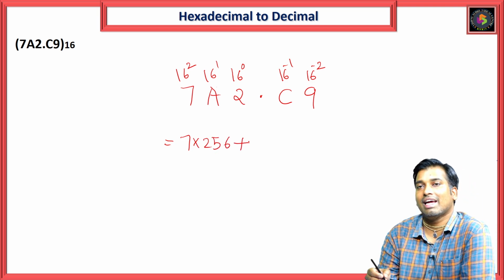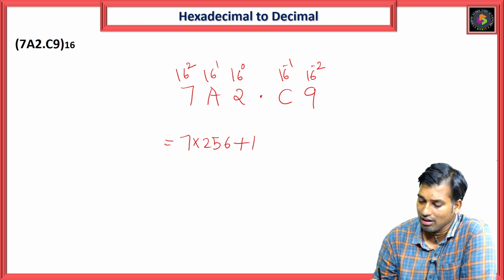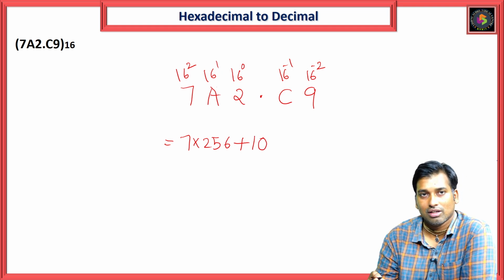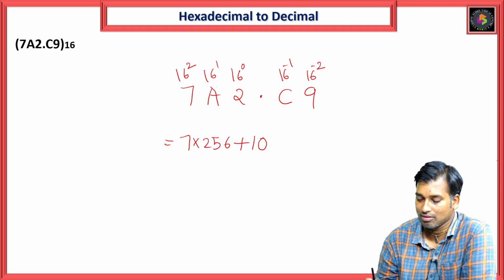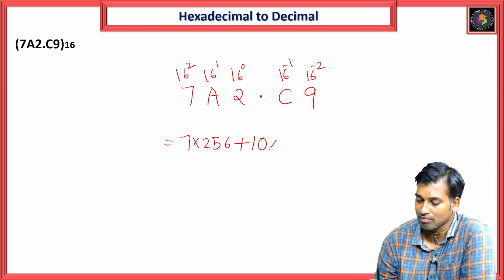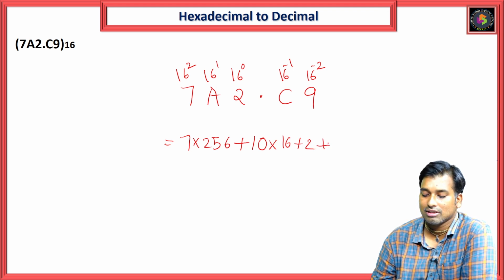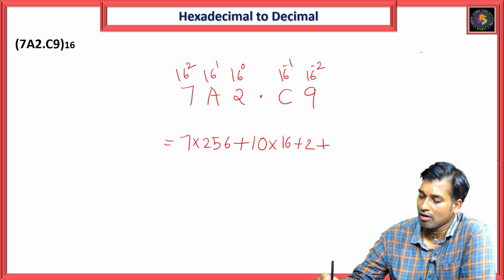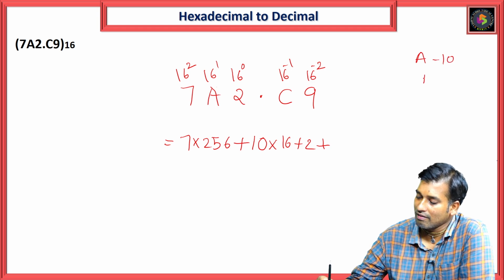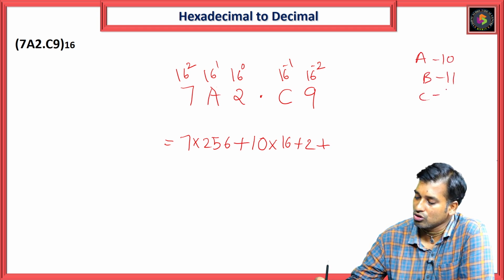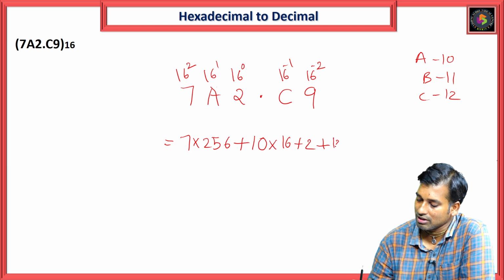As I already discussed, A in the hexadecimal number system represents 10 in the decimal number system. Plus 10 into 16 plus 2 into 16 power 0, that is 2, plus C. C represents 12, as A is 10, B is 11, C is 12. It's nothing but 12 by 16 plus 9 by 256.